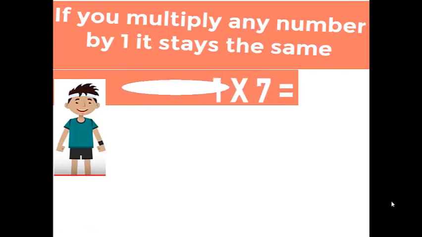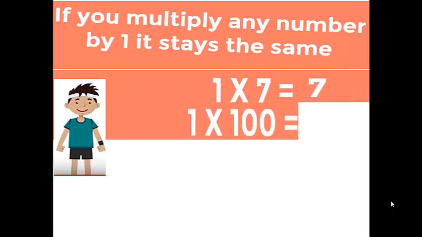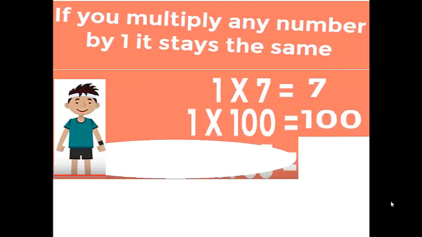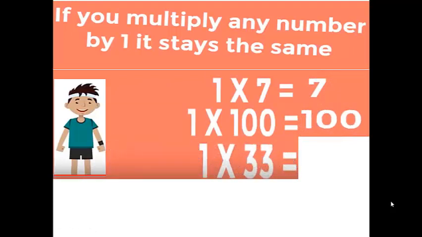Look. 1 times 7 equals 7. 1 times 100 equals 100. 1 times 33 equals 33. 1 times 9 equals 9. 1 times 84 equals 84. 1 times 95 equals 95. 1 times 83 equals 83.